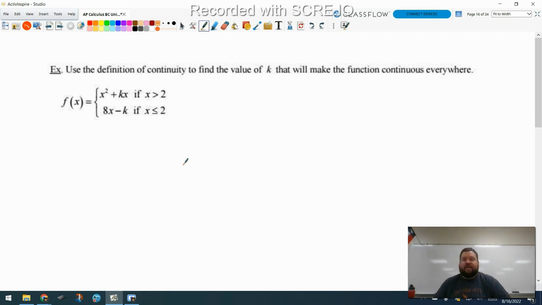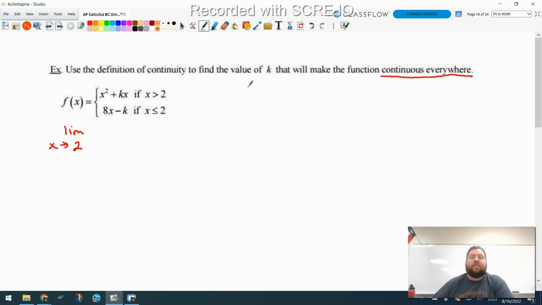So I'm always going to default to doing a left-hand limit and a right-hand limit on these piecewise functions. I'm going to do the limit as x approaches 2. 2 is our point of interest here. It says continuous everywhere, so it did not give us a specific point to look at. But again, think through the problem for a minute before you start. This right here is a quadratic equation.